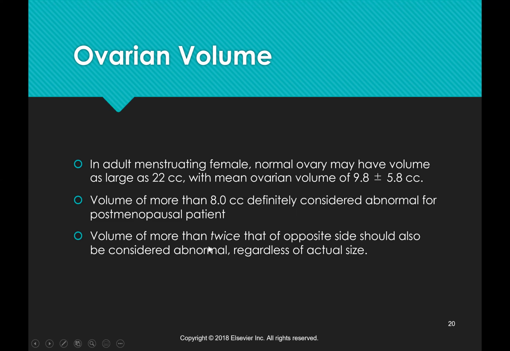The other thing is a volume of more than twice that of the opposite side should always be considered abnormal. So your right ovary is a normal 9.8, but the left ovary has a volume of, let's say, 20. That's cause for concern because they are not close together. So that would be something that they would want to follow up on.